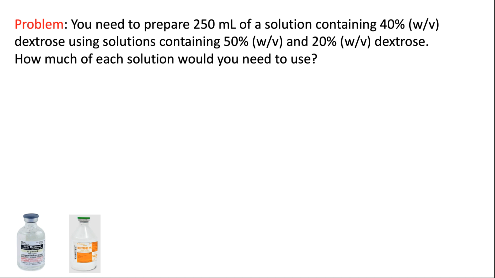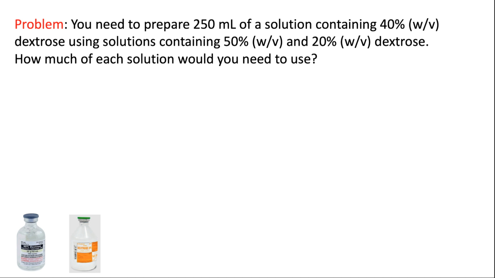So the question reads, you need to prepare 250 milliliters of a solution containing 40% weight per volume of dextrose. The two solutions you're going to use to make that are a 50% weight per volume and a 20% weight per volume of dextrose. The question asks what volume of each solution would you need to use? Let's look at what we know so far.